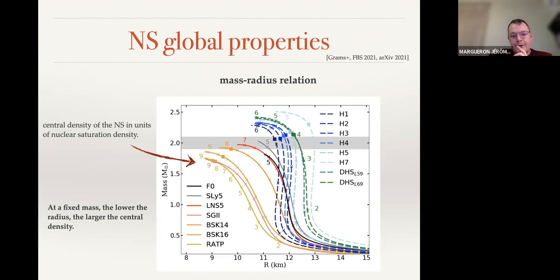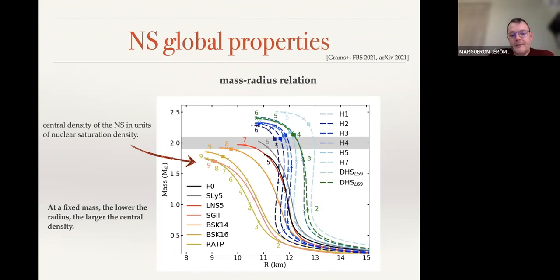However, we were interested to push all these models into the core and to explore what kind of mass radius relation the 15 equations of state we have produced would provide. So most of them pass the criterion, I mean, reach 2 solar mass as an upper limit, but some of them do not. So this is a bit unfortunate.